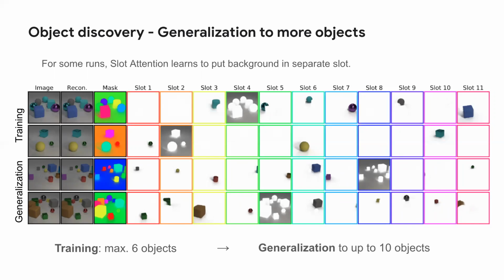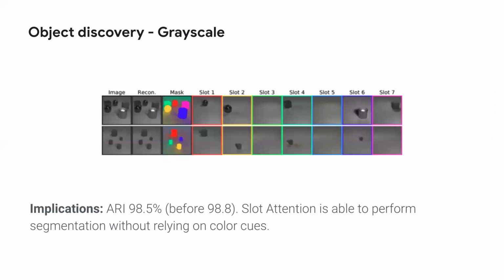And sometimes the background is also captured in a single slot, but this doesn't happen all the time. And one can also do grayscale. So the ARI is basically the same, or very close, between the grayscale CLEVR and the regular CLEVR. So slot attention is able to perform this unsupervised segmentation even without relying on color cues.